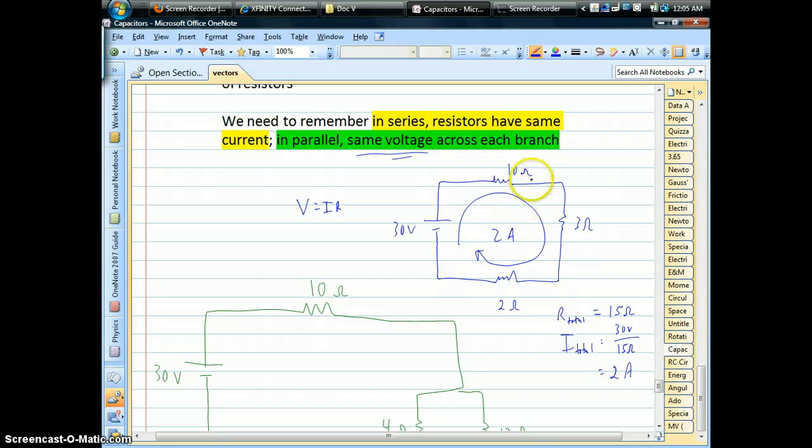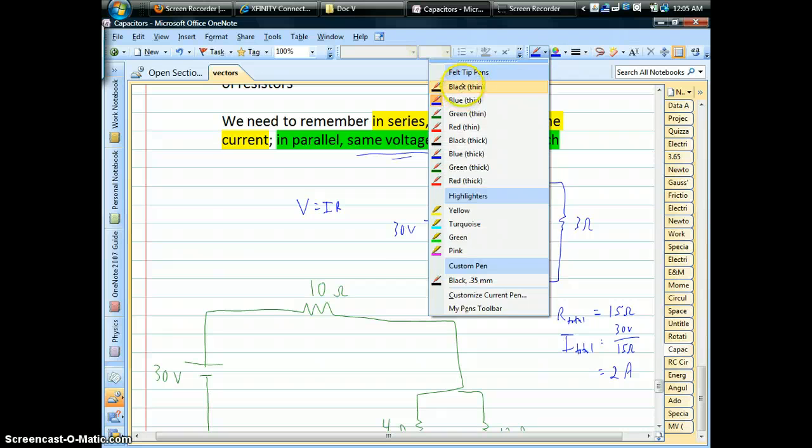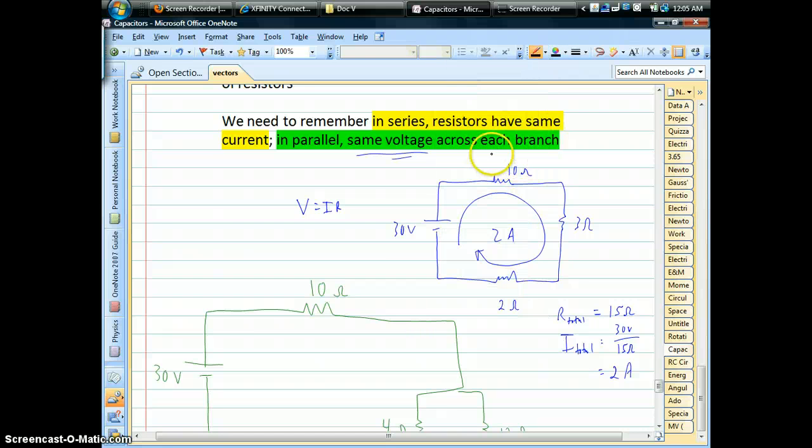So if we have 2 amps going through 10 ohms, that means we have 2 times 10 is 20 volts up there. On the right we have 2 amps going through 3 ohms, so the voltage difference across that resistor would be a total of 6 volts.